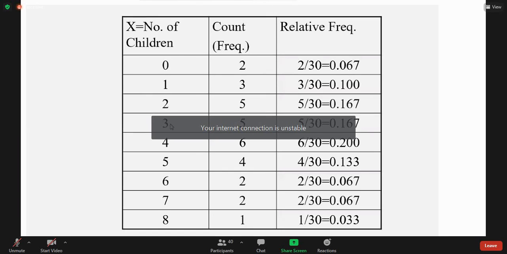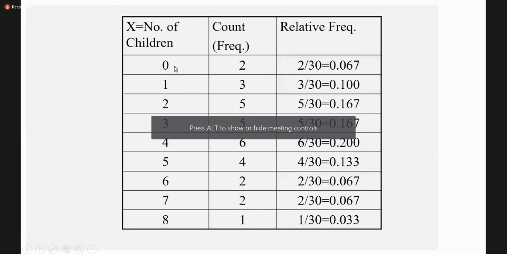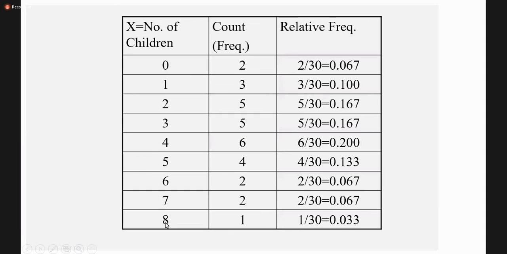Children 0, 1, 2, 3, 4, 5, 6, 7, 8. Women could have no children at all, or could have 8 children at max, for example, in our sample data. So how many women have 0 children? 2. How many had 1 child? 3. 2 children? 5, and so on.